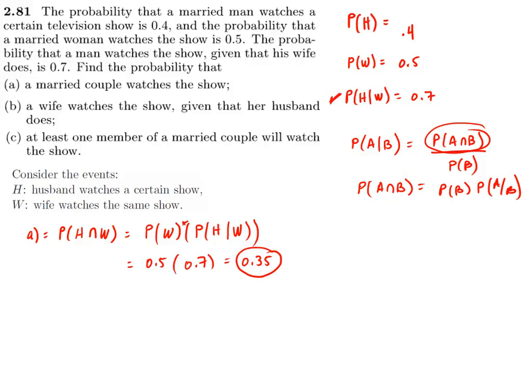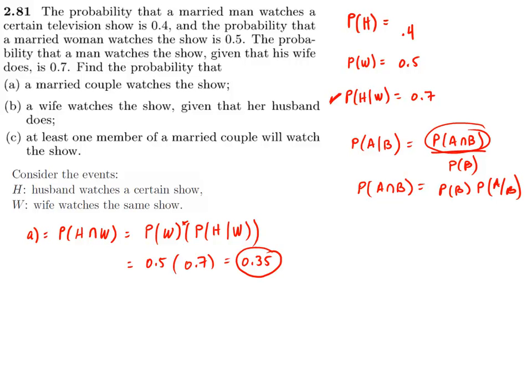Okay? The other way that you can see is if this probability equals this, then you know that the events are independent because it does not affect the probability of the man watching TV. So the event that the wife watched the TV does not affect the probability that the man watches the TV.